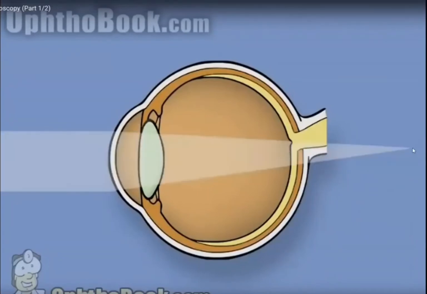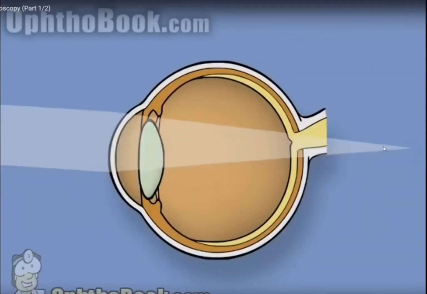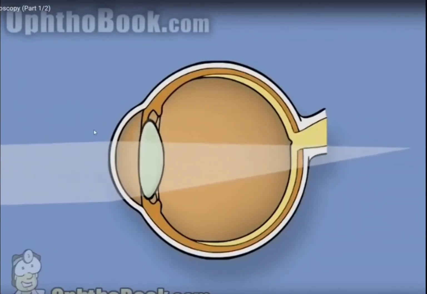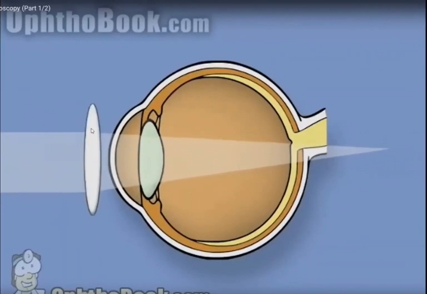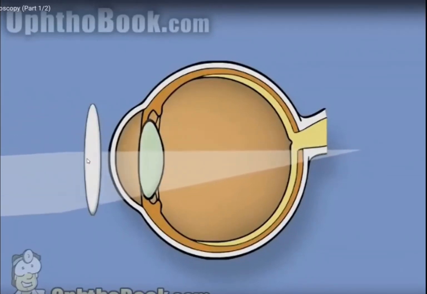But in this case, when you see that there's hyperopia, and when you're swinging the light back and forth, what happens is that you see the reflection at the back of the eye moving in the same direction as the movement of the retinoscope. So they call this with movement.